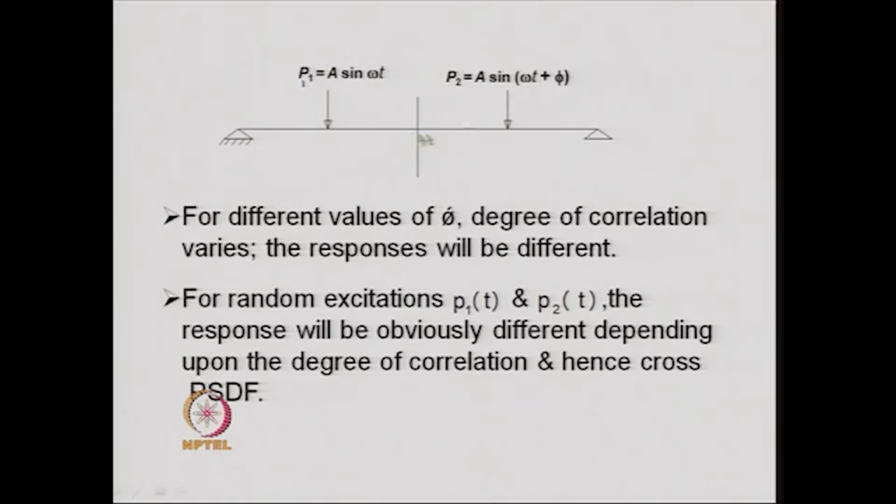If in this simply supported beam we have two dynamic loads with a phase difference of phi, then as phi goes on changing, the degree of correlation between P1 and P2 changes, and the bending moment at the center goes on changing with the value of phi.